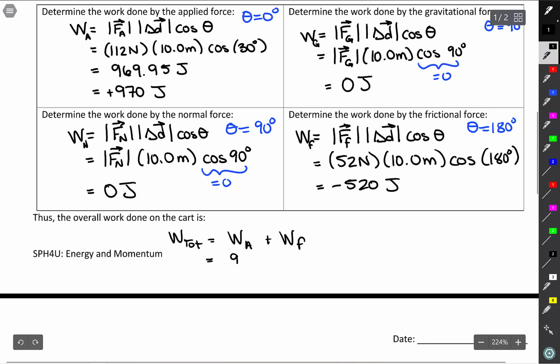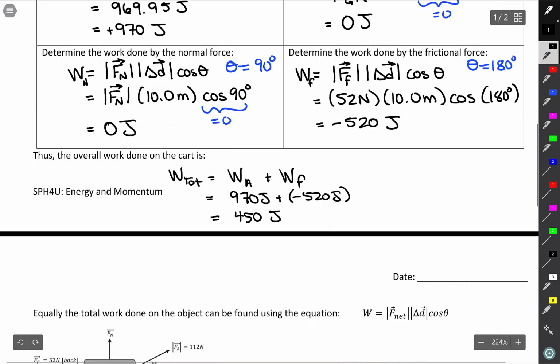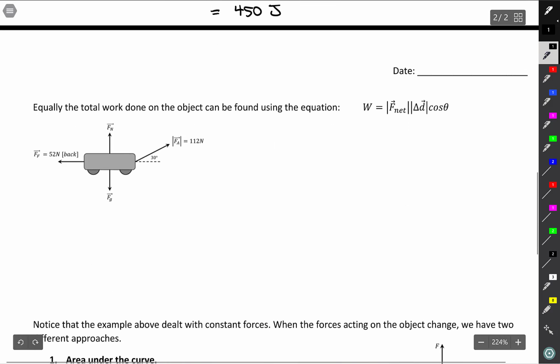If I put in my values, I get 970 joules plus negative 520 joules, and you get a result of 450 joules. So that indicates to me that the work done on the cart is 450 joules, which means that I'm adding energy to the cart, which makes sense because we're causing the cart to move. We're gaining energy with that cart.